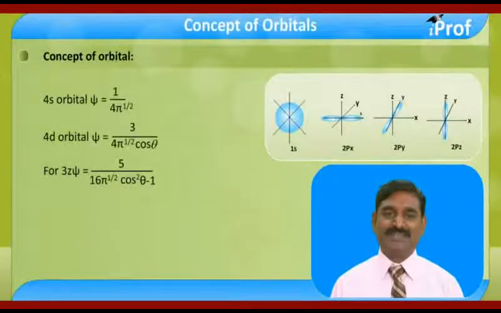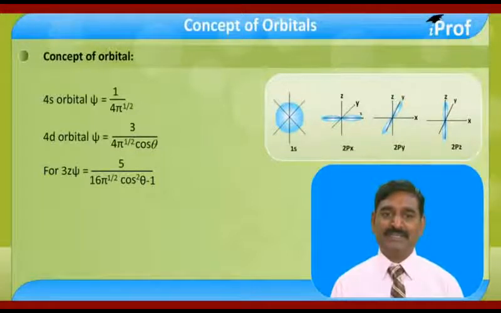For s orbital, psi is equal to 1 upon 4 pi power 1 by 2. For p orbital, psi is equal to 3 upon 4 pi power 1 by 2 cos theta.